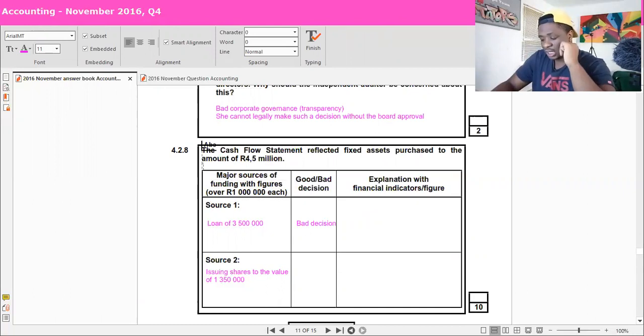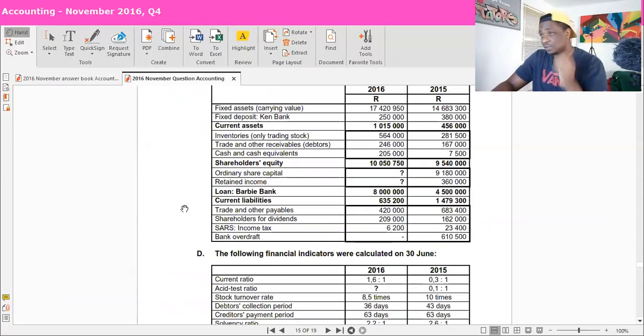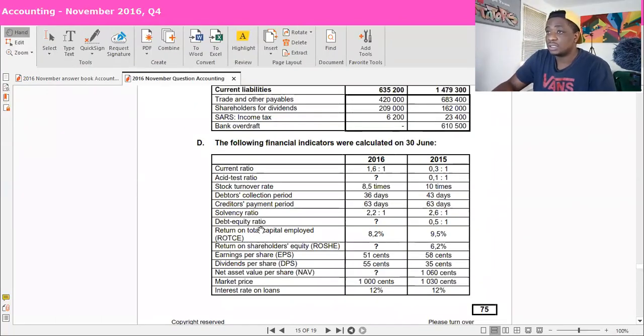The reason it would be a bad decision is because, firstly, the solvency ratio showed a decrease, from 2.6 to 2.2 is to 1, but that's not really that bad. You still have some leeway, you have more assets than liabilities, twice as much actually. But if you look at the debt equity ratio that we did calculate, it went from 0.5 is to 1 to 0.8 is to 1.